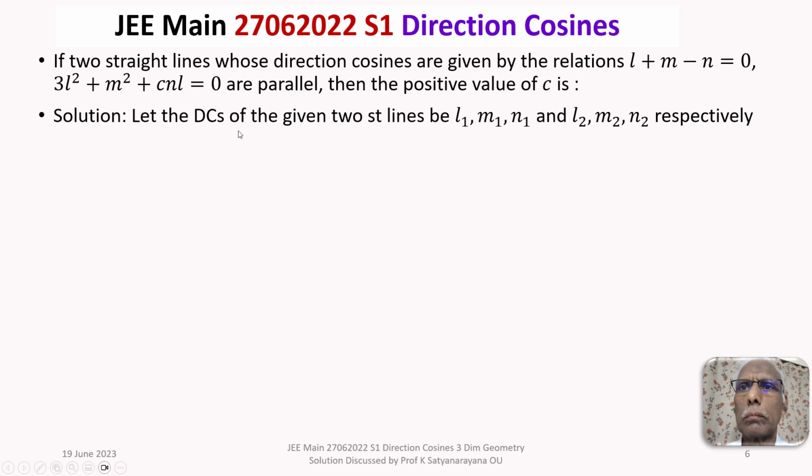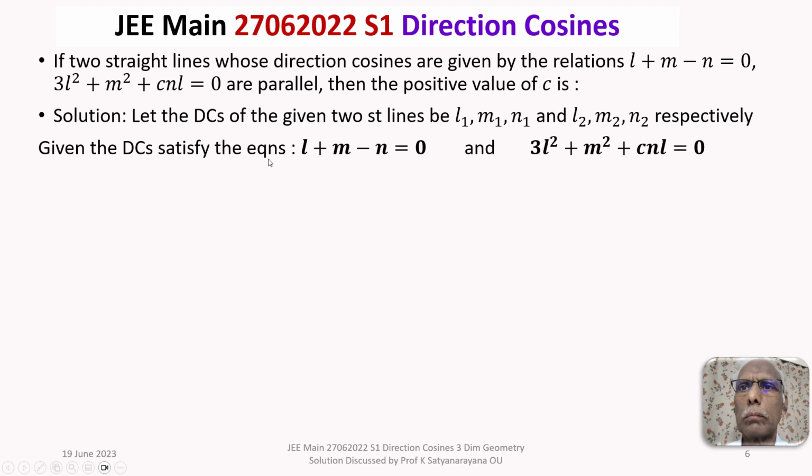The direction cosines satisfy these equations: l + m - n = 0, that's the first equation, and 3l² + m² + cnl = 0, that is the second equation. We first take the first equation l + m - n = 0. From this we get n = l + m.